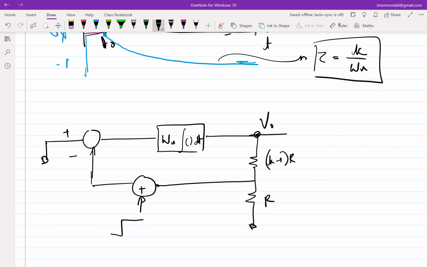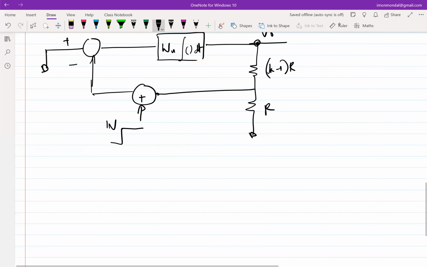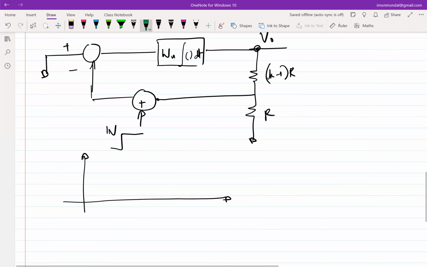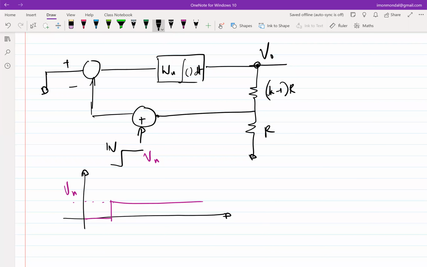Let's say this is 1 volt. This is Vn. Let's do it again the way we did. So at steady state, what will be V naught?